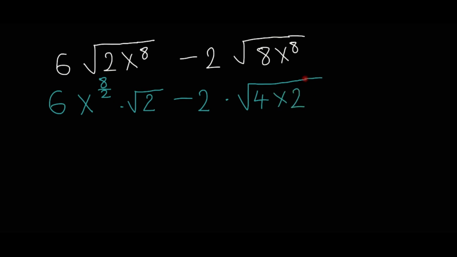O ka kgona go lemoga gore one of its factors is a perfect square, and then the reason ke sa change this 8 into its prime factors, remember 8 ge ke change into prime factors e tshwana ge ke re ke 2 to the power 3, but mo tshwana le ge re na le 2, so e rela gore ke tlo ba le 2 to the power 3 over 2, and then o ka kgona bona gore 3 is not divisible by 2 because 3 over 2 ga e mfe a whole number.